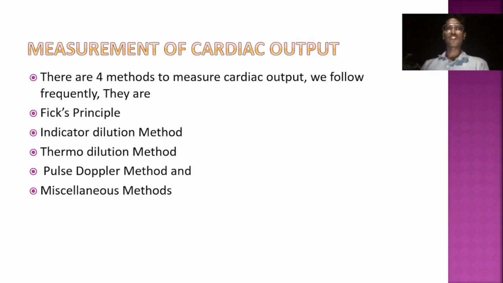The first one is the Fick principle, then the indicator dilution method, the thermodilution method, and the pulse Doppler method, which we use often, and also the flow meter method. It is also available but only for animals.